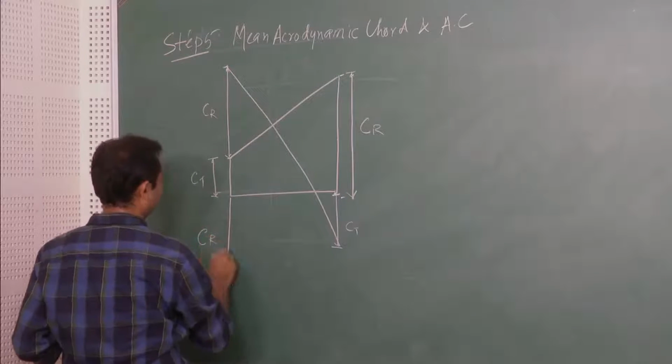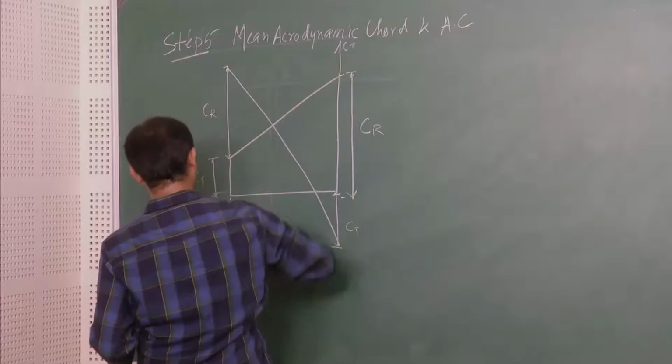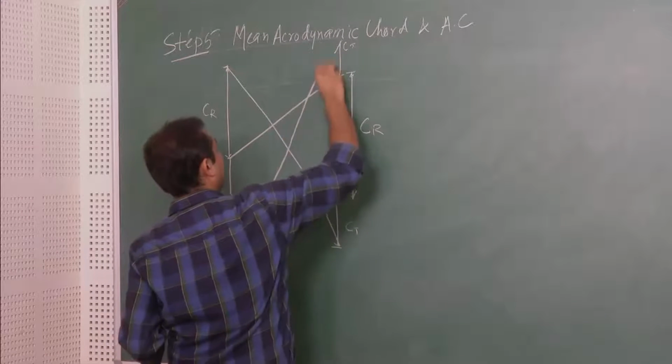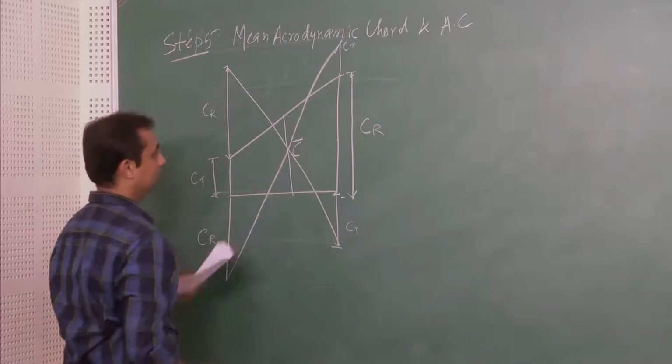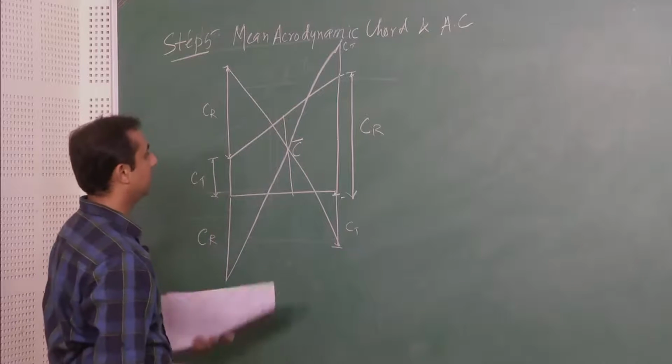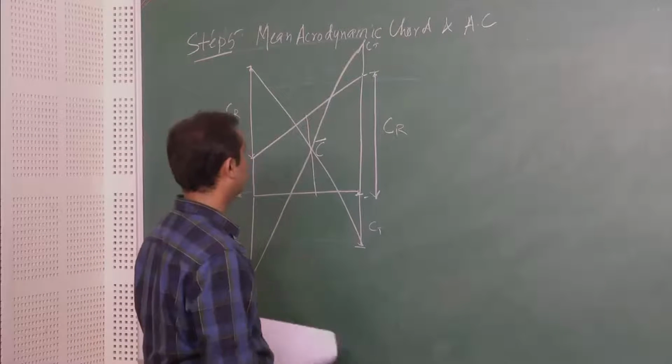This will be your CR, this will be your CT, and join these two lines. This will be your mean aerodynamic chord.